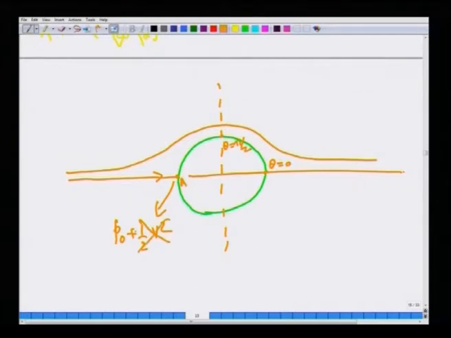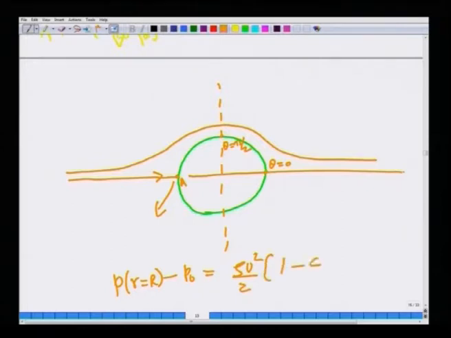Now, the previous class we actually discussed the potential flow past a sphere. We found the pressure distribution, which I will write down again. P at the surface minus P naught is rho u squared by 2 times 1 minus 4 sin squared theta.